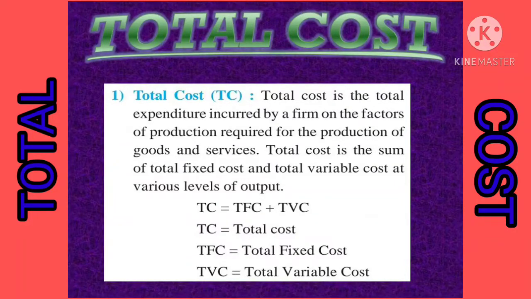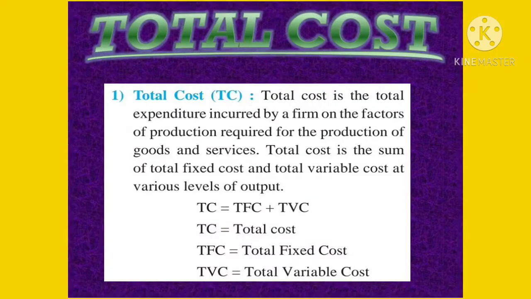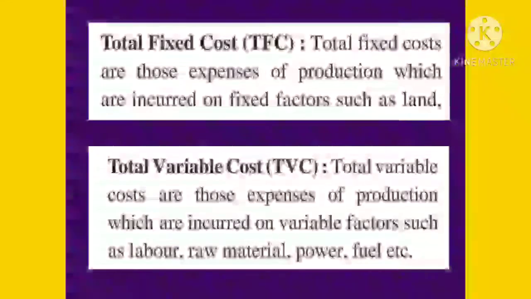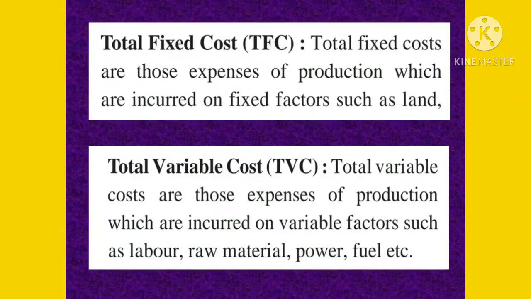What is meant by total fixed cost? Total fixed costs are those expenses of production which are incurred on fixed factors such as land, machinery, etc. What is meant by total variable cost?